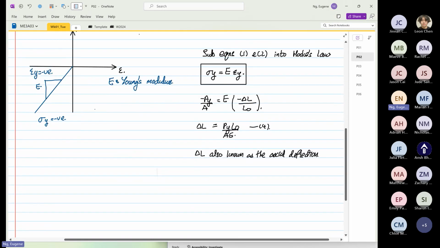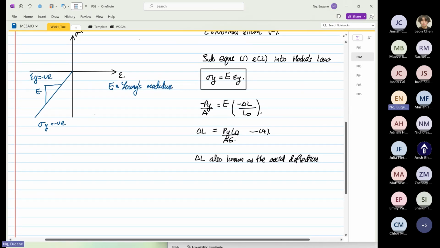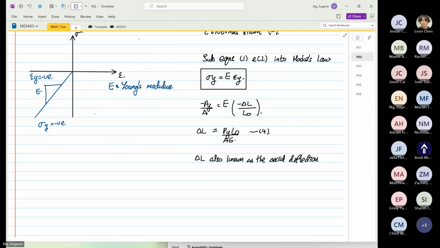Now, how is this related to stiffness? Okay, so how to relate? Stiffness in structural analysis.